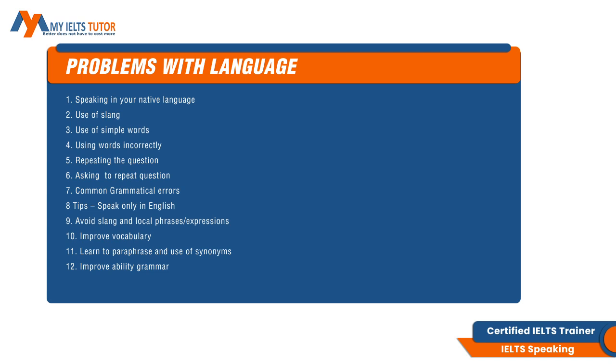So you want to avoid words and phrases that are used nowhere else, that are only used in your country or your locality, because they're not correct English. They're considered informal.